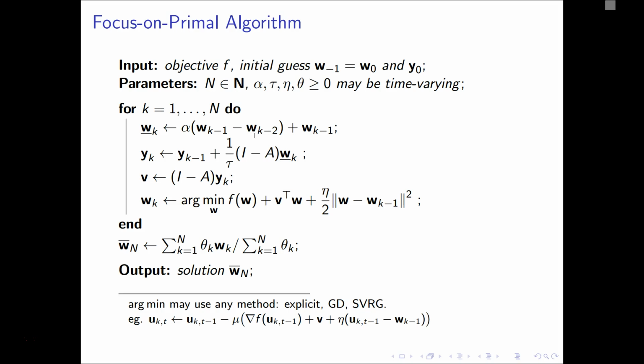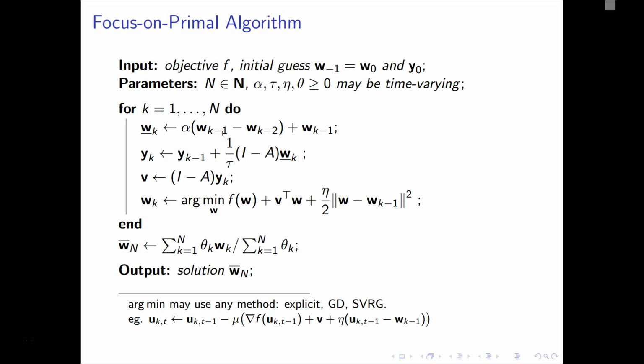Essentially what we do is, since we can only do one dual update, we want to make an estimate of where we should do the dual update. By doing this acceleration, we subtract w_{k-2} from w_{k-1} to get the difference from the last primal update.